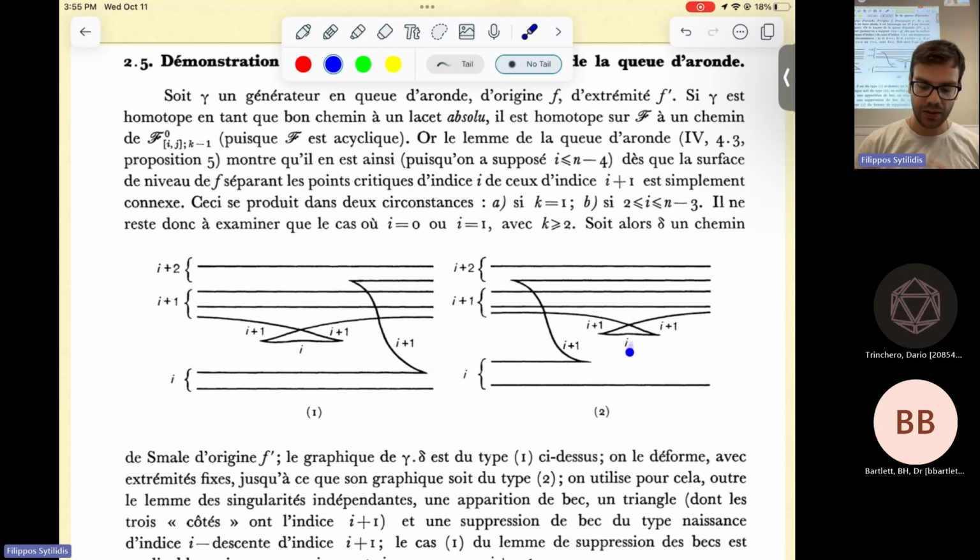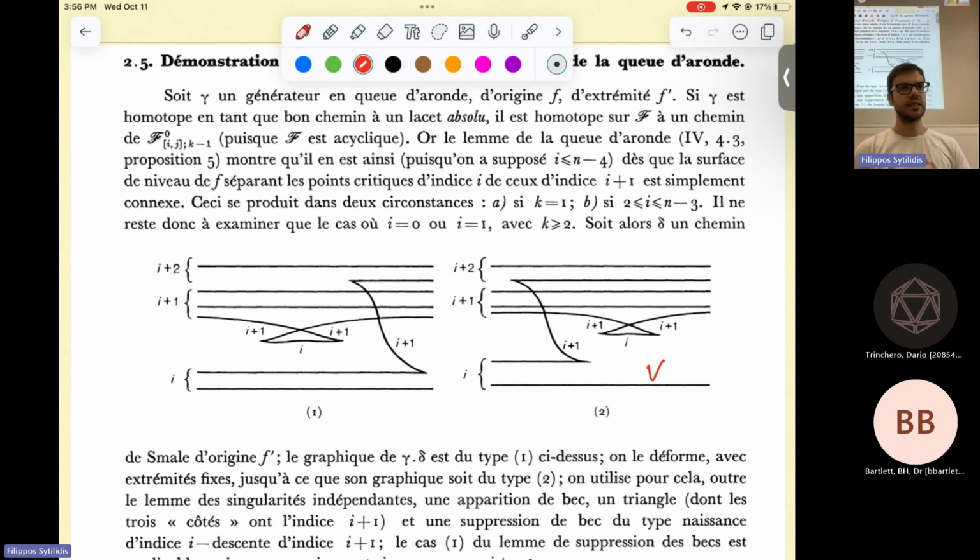And now, directly below this, we have one less layer of index i critical points. So I can do that for all of the layers, and then in the end I'm going to be left with V, which is the manifold that I began with, which I know is simply connected.